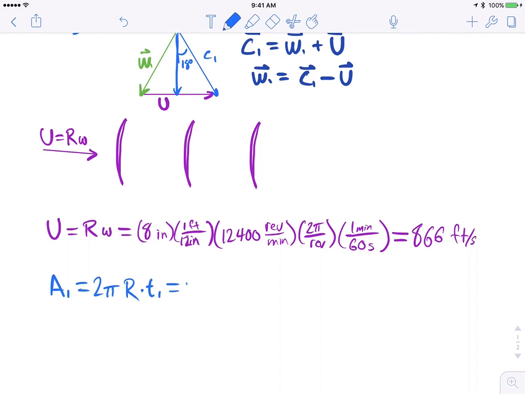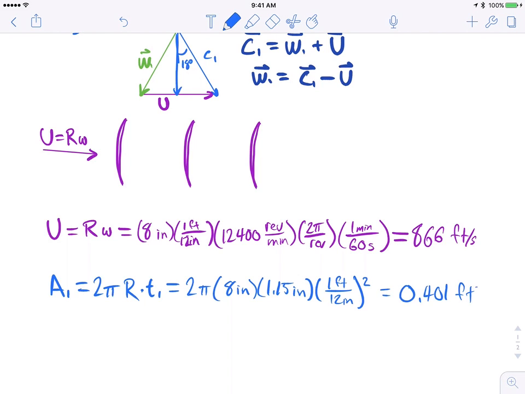So we evaluate our area: 2 pi times 8 inches times a height of 1.15 inches, and we'll deal with this in terms of feet, so 1 foot per 12 inches, squared. It's going to give us 0.401 square feet.